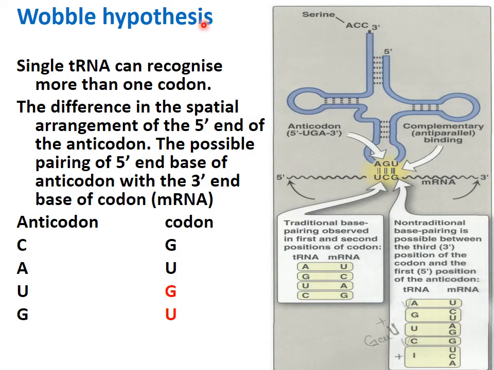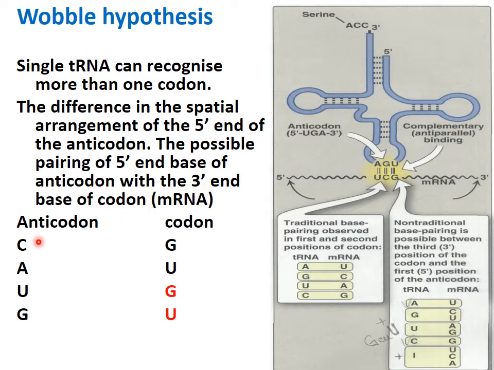Now we see what this wobble hypothesis is. The wobble hypothesis was given by Crick, and according to him, a single transfer RNA can recognize more than one codon. So there is more than one codon for one amino acid. There is a difference in the spatial arrangement, that is, the possible pairing of the 5' end base of the anticodon with the 3' base of the codon.